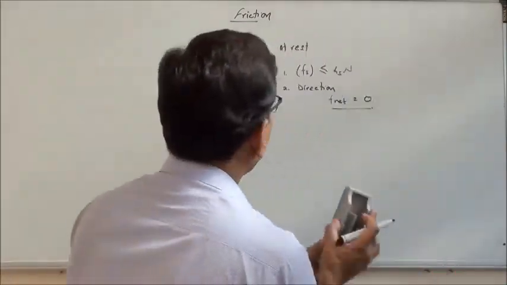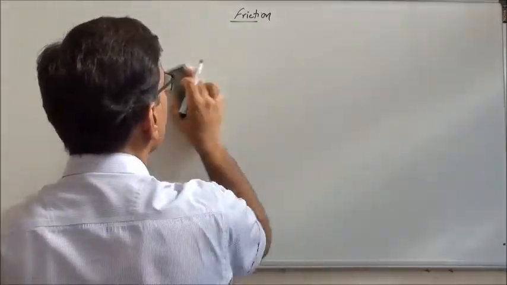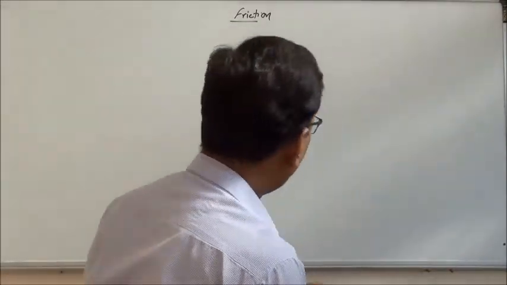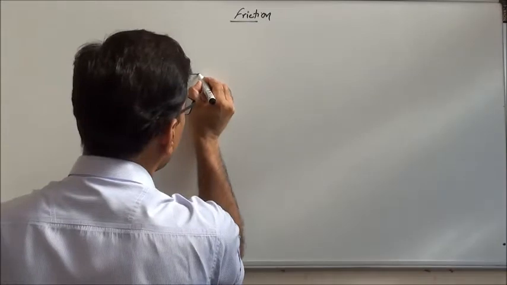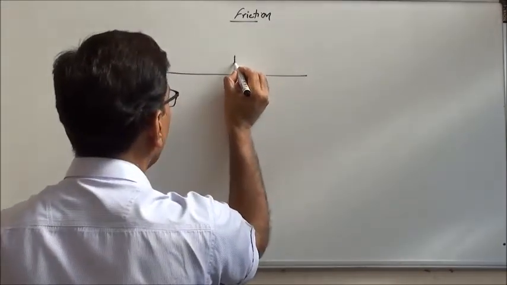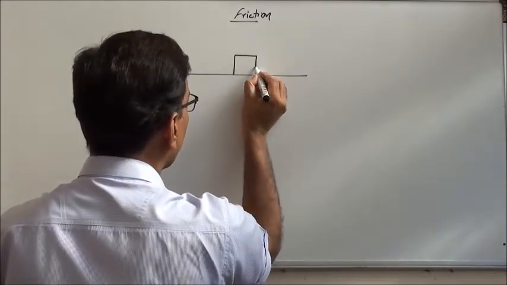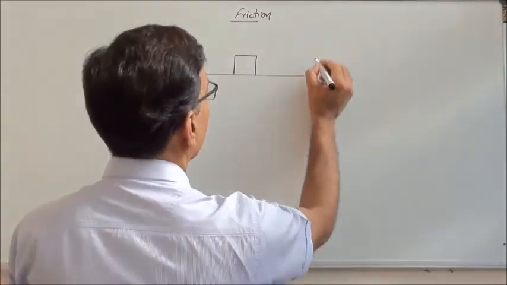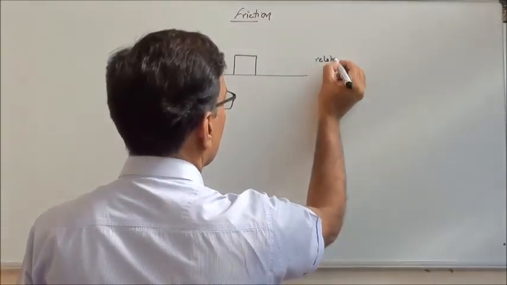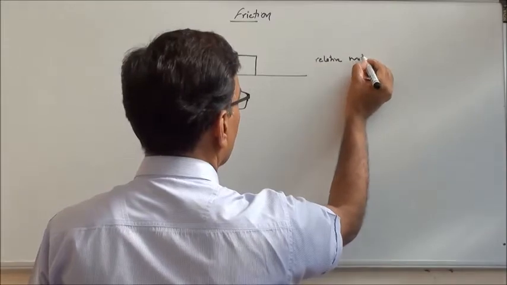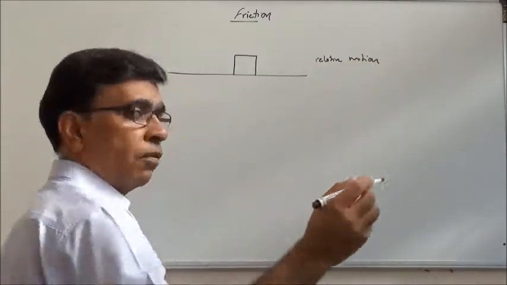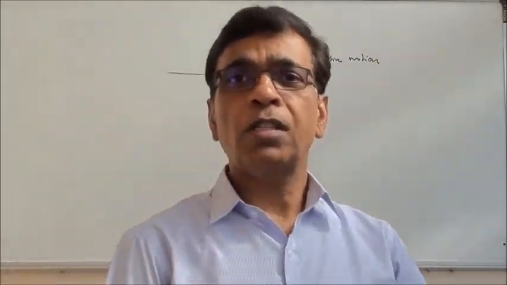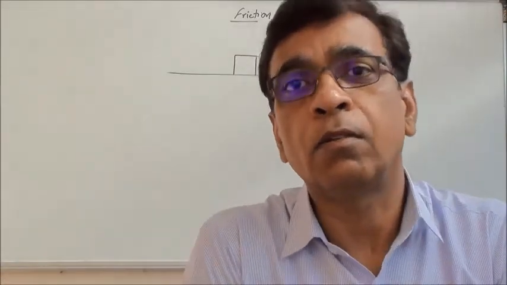Okay, now kinetic friction. Kinetic friction is the frictional force acting between two bodies along the surface, when the two bodies are in relative motion. So this is the frictional force acting between two bodies in contact and in relative motion.